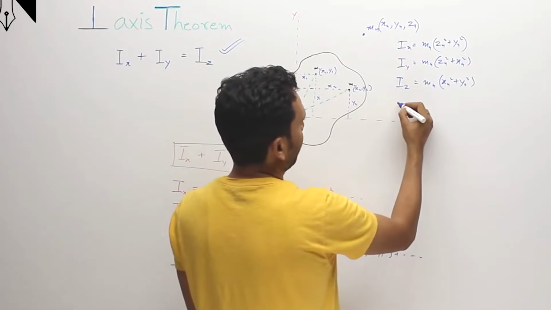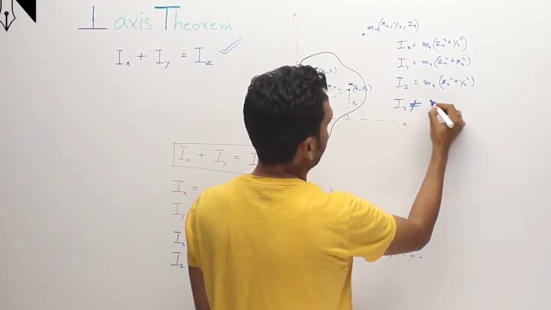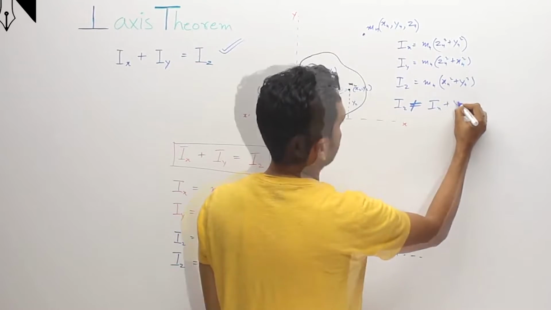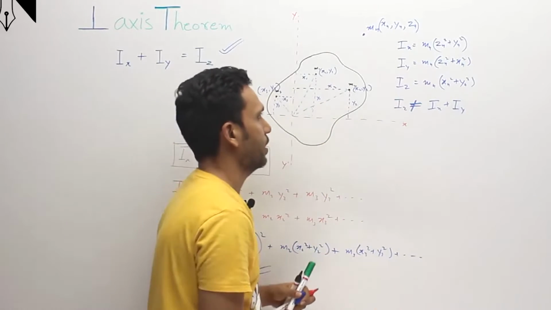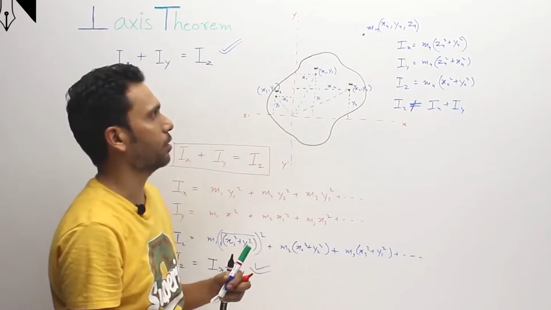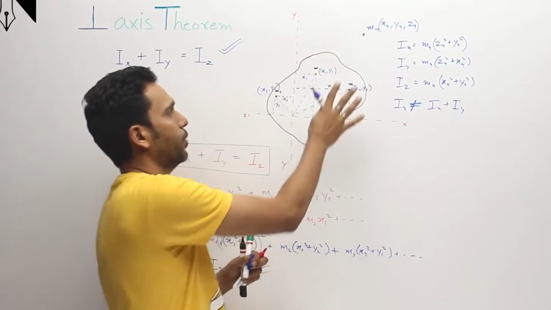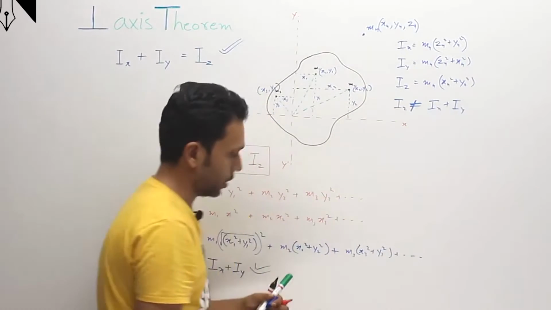So we clearly see that your Iz is not equal to your Ix plus Iy in this case. Hence it is kind of a proof that if it is a three-dimensional body, a body that is not in the same plane, then Iz equals Ix plus Iy doesn't work.